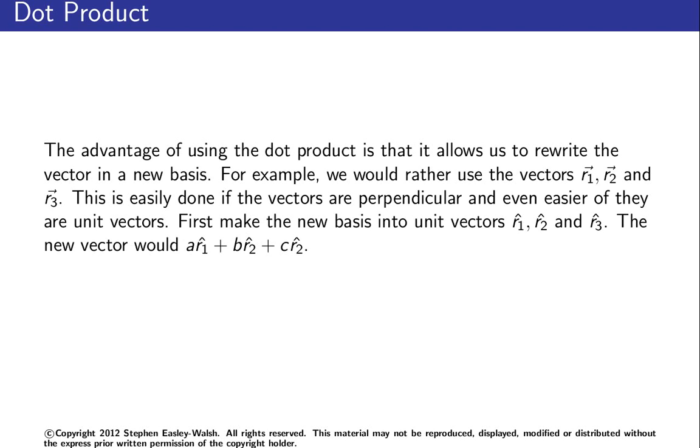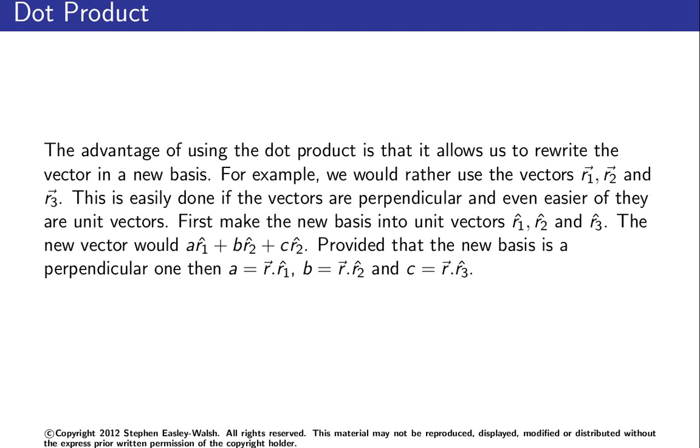And then your new vector would be written in the form of a r1 plus b r2 plus, that should say c r3, of course. a r1, b r2, c r3, not c r2. So the question is, okay, well, what is the a, b, and c? How do I find these new coefficients, these new numbers?